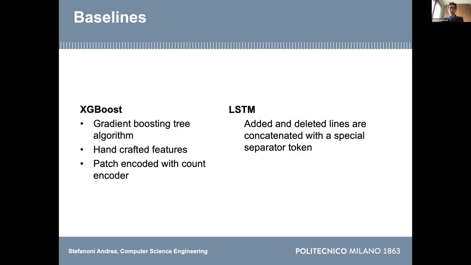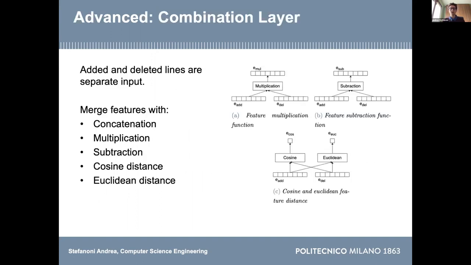And then we tested the baseline models. We tried XGBoost using some handcrafted features taken from some older papers doing this task. And we tried an LSTM with the added and deleted lines concatenated with a special separator token.